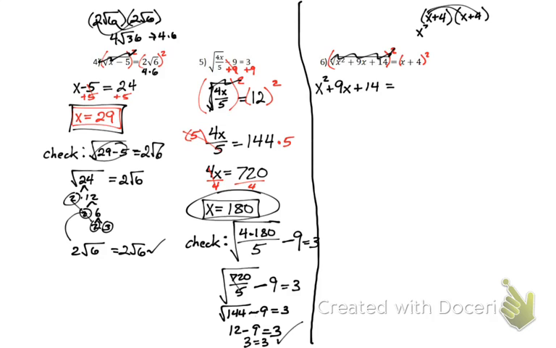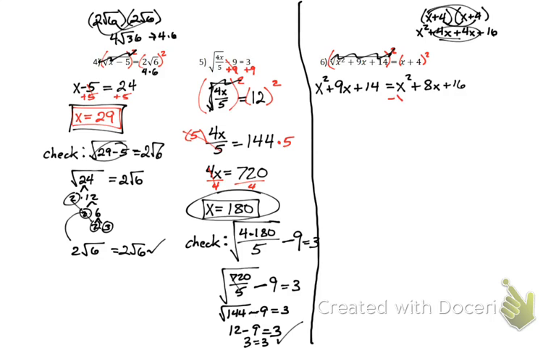You're going to get x squared plus 4x plus another 4x plus 16. Middle terms, so I'm going to get x squared plus 8x plus 16.